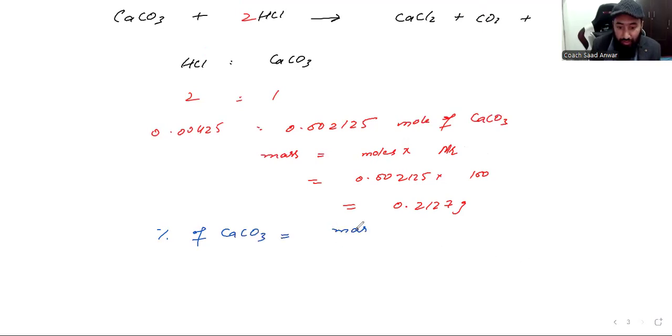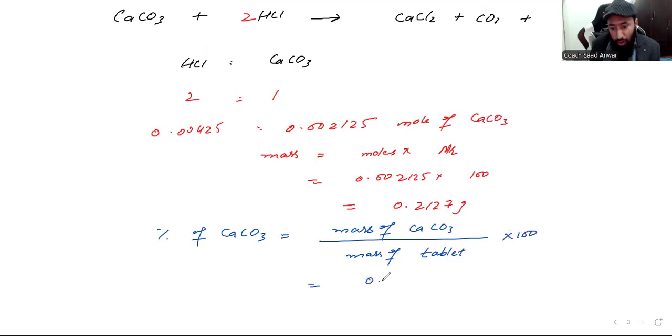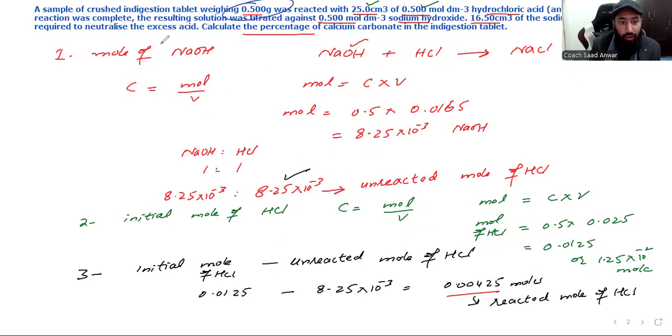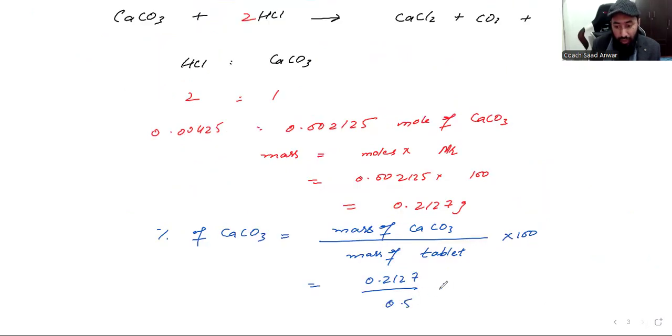Here you must write the mass of calcium carbonate, which you calculated after a lot of struggle, divided by the initial mass of the tablet, multiplied by 100. So 0.2127 and the initial mass of the tablet, given here, you can see 0.5. So 0.5 multiplied by 100. When you solve this, you will get 42.5%.